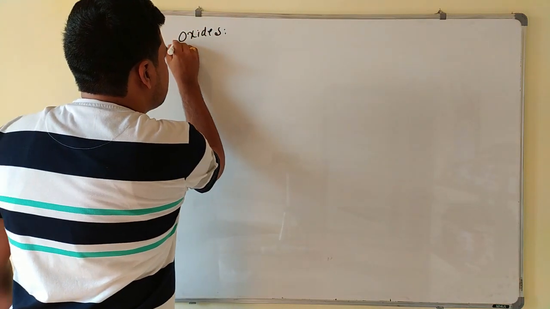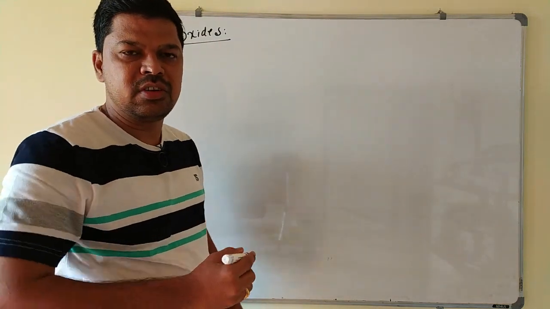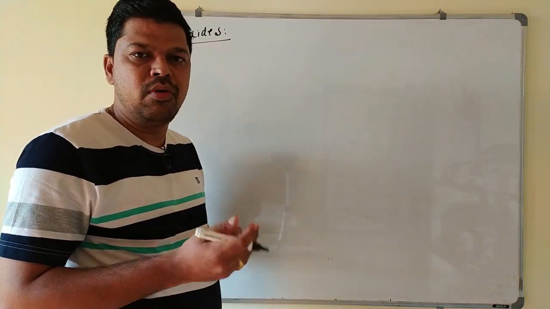Okay. So oxygen with any metal or non-metal, it is called as what? It's oxide, because oxygen is more electronegative.